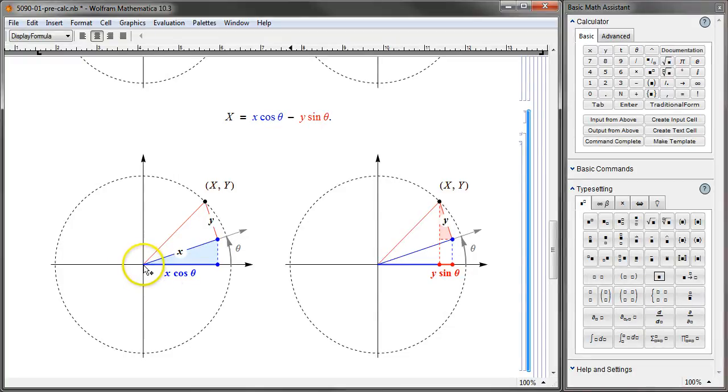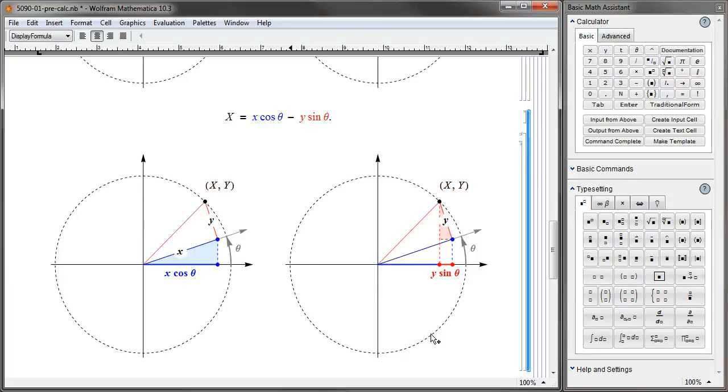So from the origin, if I move x cosine of theta, then I got all the way over here, and actually I overshot it. Capital X is over here, which means I have to be around here where my mouse is, but I overshot a little bit. So I have to come back left a little bit. How much? Well, that's going to be answered by the second picture here from the red shaded triangle.